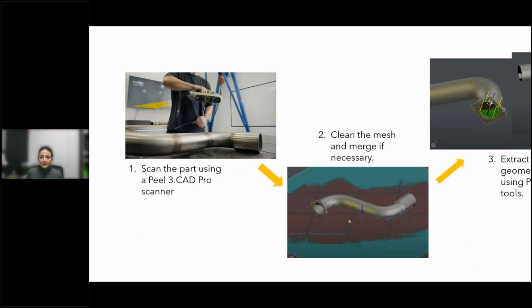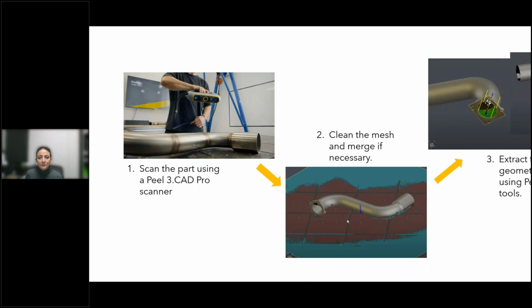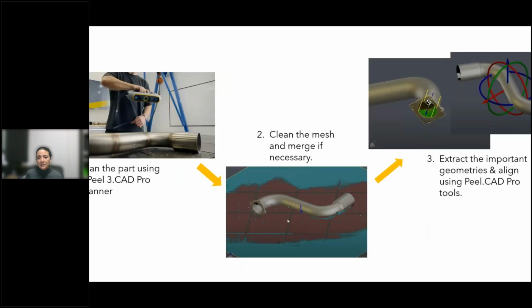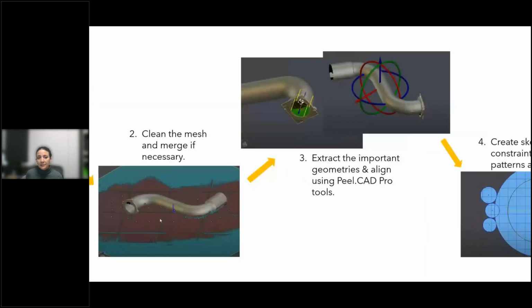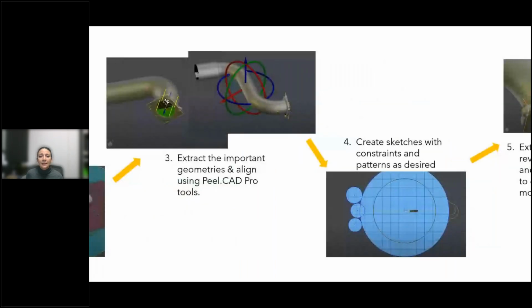So overall, this is what a project would look like when working with the new Peel.OS Pro. We start off by scanning the part using a Peel.CAD Pro scanner. Then we clean the mesh and merge if necessary. Step 3, we extract the important geometries and align using Peel.CAD Pro tools, very important for your reverse engineering process. And then we create sketches with constraints and patterns as desired.